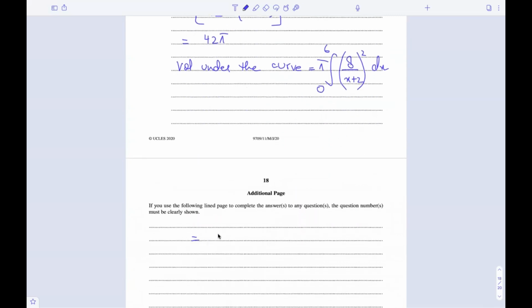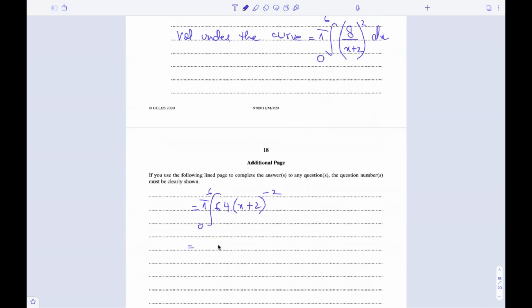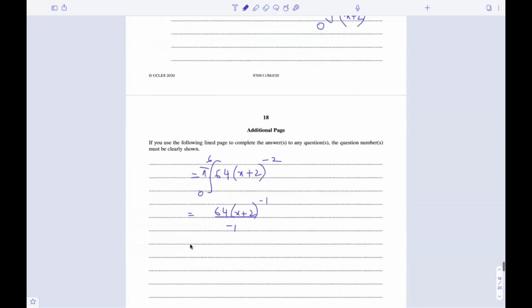So this will become 64 times (x plus 2) to the power minus 2, with limits 6 and 0. Now integrating this, we get 64 times (x plus 2) to the power minus 1 divided by minus 1. So we have minus 64 upon x plus 2.